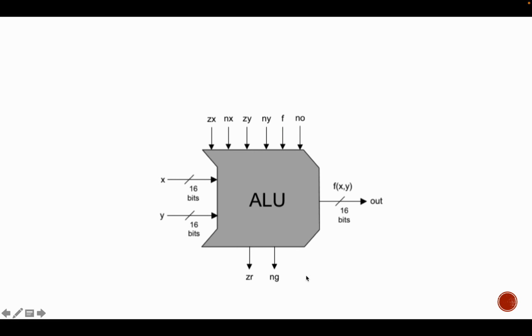So this is basically the abstraction; we can't really see any logic gates or anything that's happening inside the ALU, or what makes up the ALU architecture. So let's get into details about what makes up the ALU.